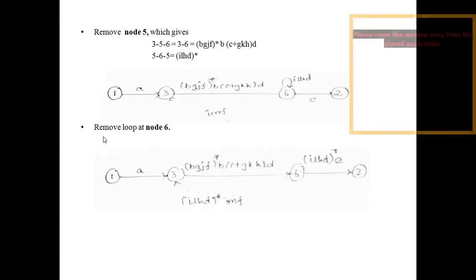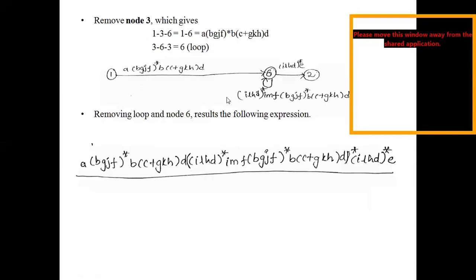Next, after removing 5, we are going to remove the 6th node. The 6th node removal is generally done because this is the self loop. See here, remove the node 6. Before going to 6, I think we have removed node 3.